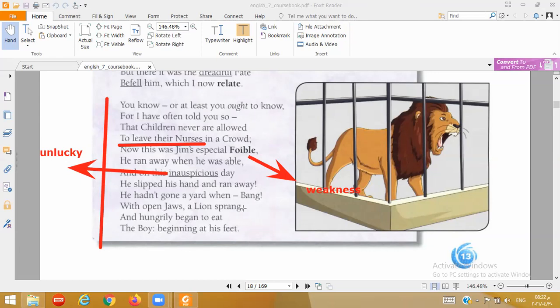He left his nurse's hand and ran away. But unfortunately, that was his unlucky day. He just entered the cage of the lion accidentally. Do you understand what happened?